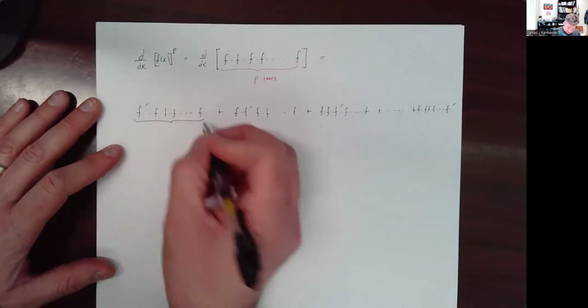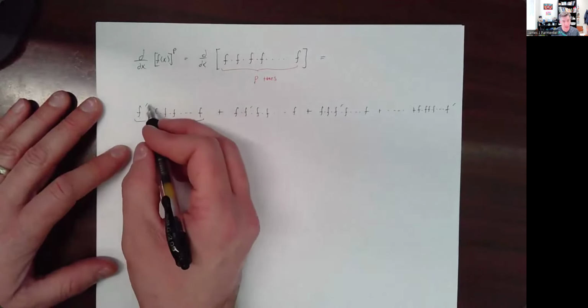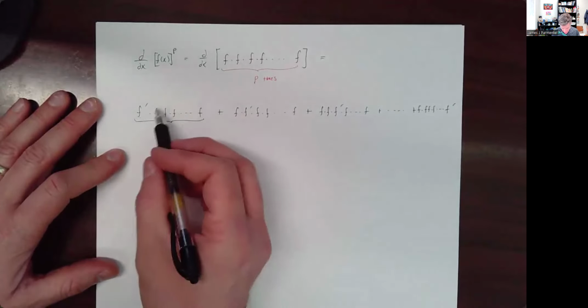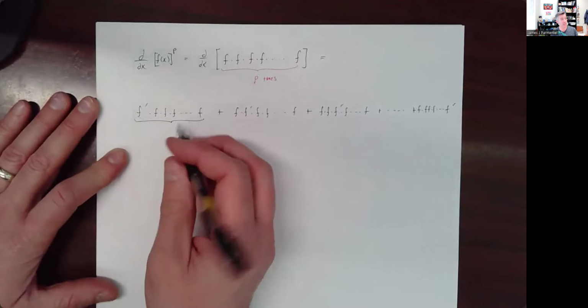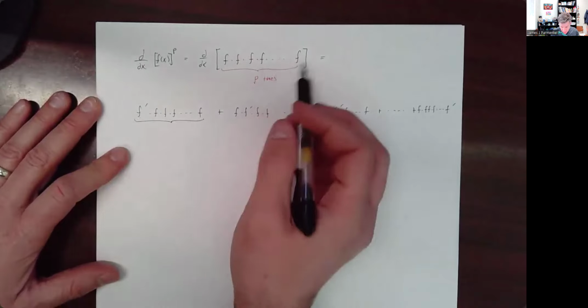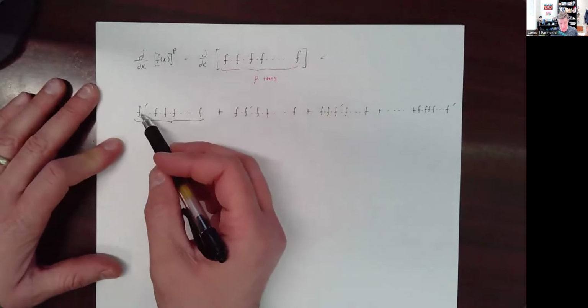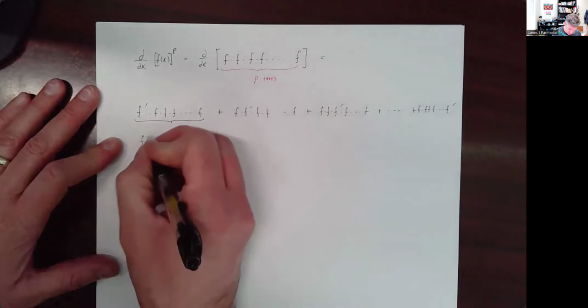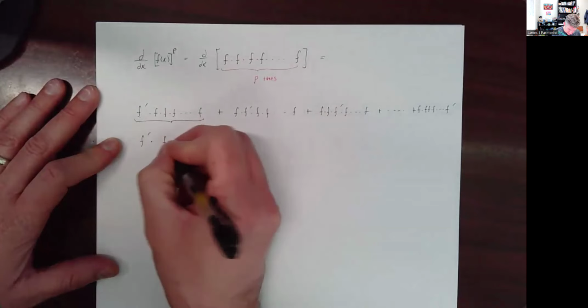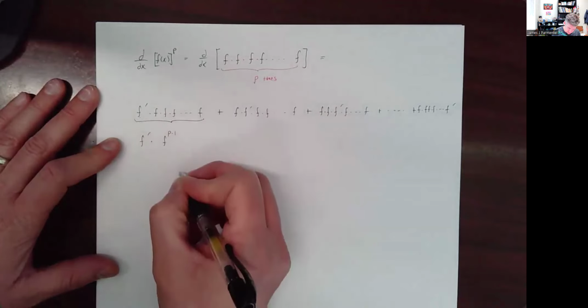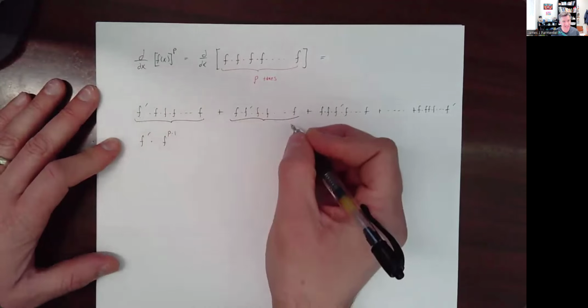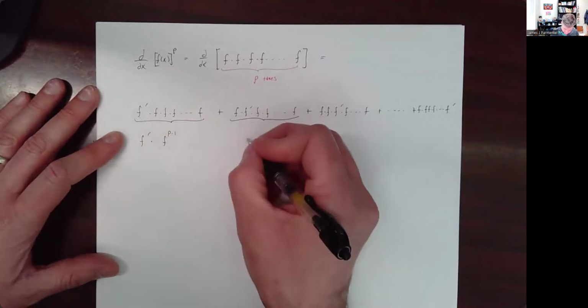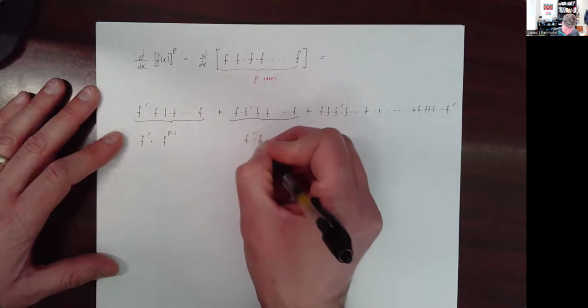But this is really just f prime times f multiplied together p minus 1 times, right? Because there's p of them here. One of them is derivative, the rest are not. This is really f prime times f to the power of p minus 1. So is this, f prime times f to the p minus 1.